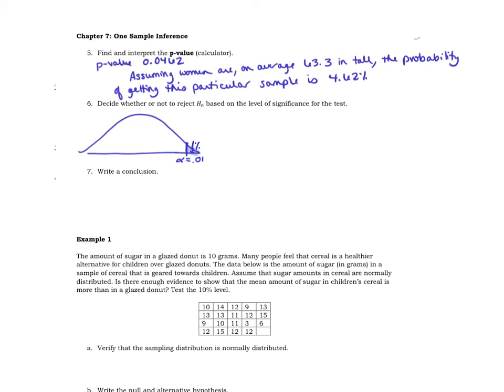Our p-value of 0.0462 falls over here. It is not in that smallest 1%. So in this case, we would not reject H sub 0. We do not reject the null hypothesis.